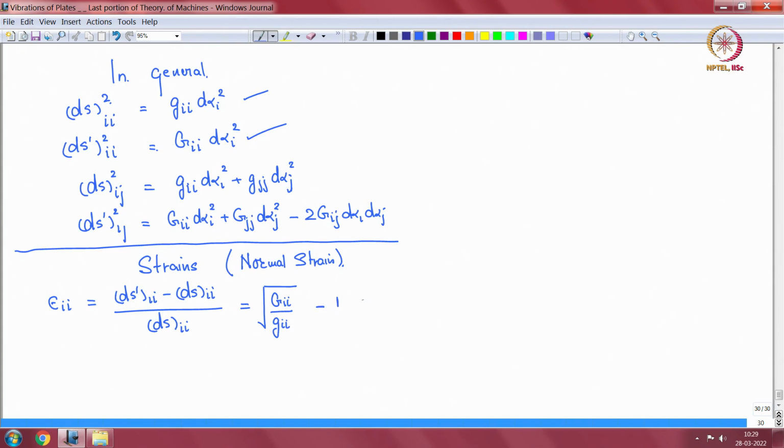Okay. So this we write as square root of 1 plus small g I minus G I by G I minus 1, and we will assume this to be a very small quantity in comparison to 1.